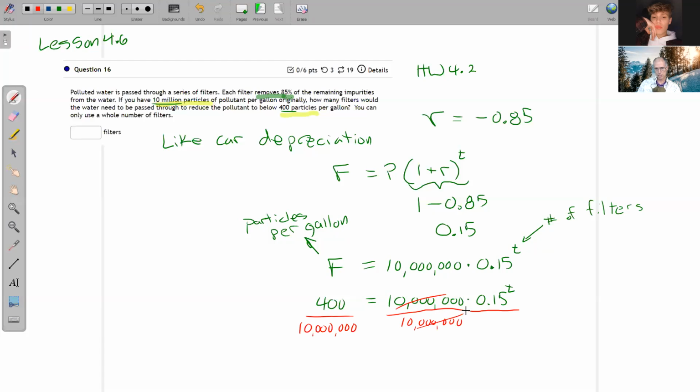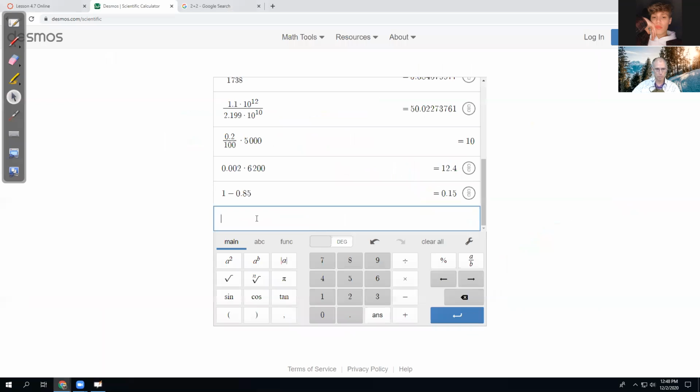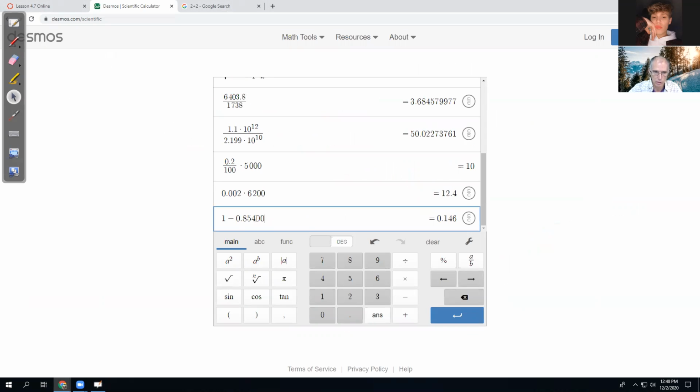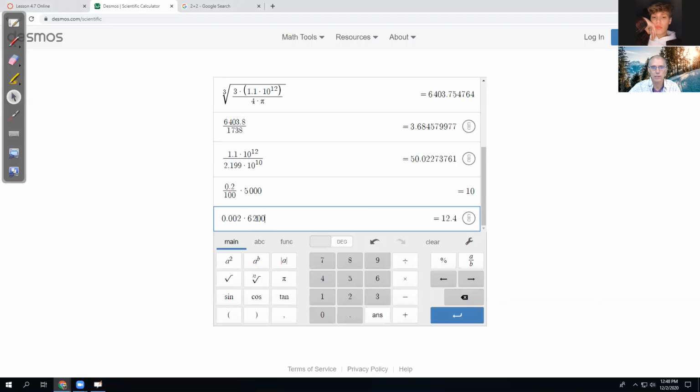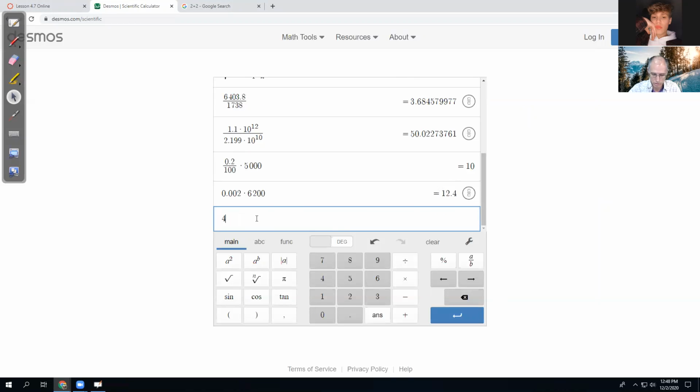On this side, the 10 millions cancel, and so we're left with just the 0.15 to the T. On the other side, we're going to get what? 0. A bunch of zeros. Let's double check four or five of them. Oops, I'm going to take 400. Oh, whoa, how did I do that? Ah, danger.